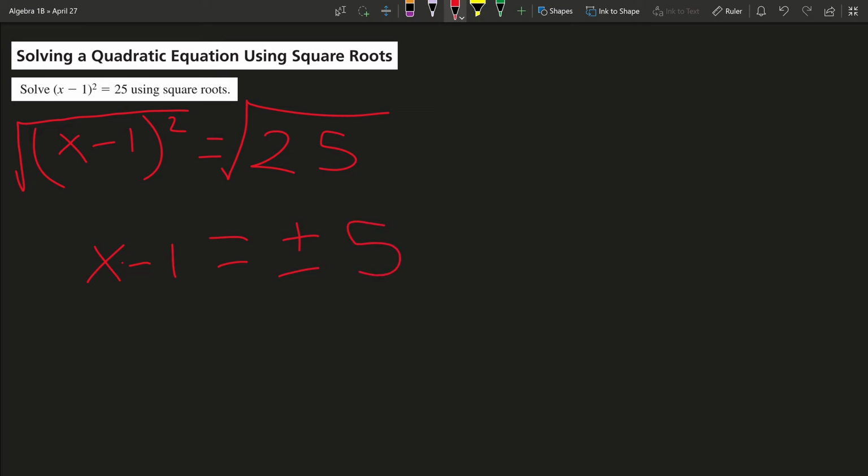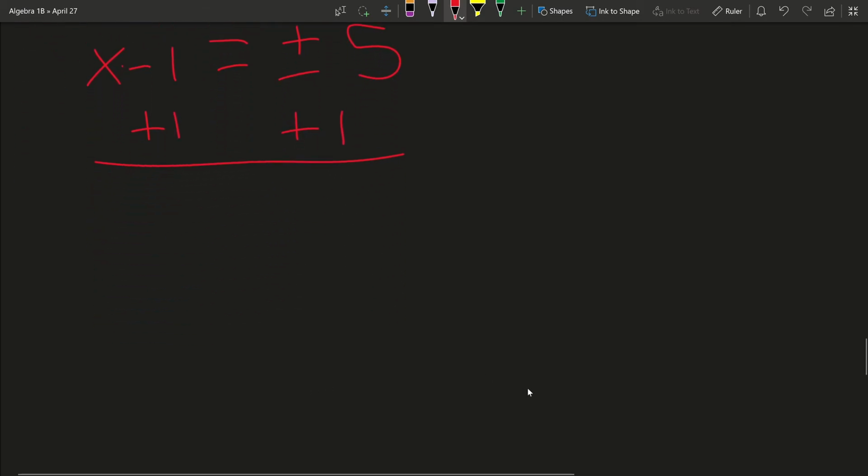And now, what are we supposed to do about this though? We have a negative 1. So what we're going to do is, we're going to add 1 to both sides. And when we do that, we're left with two different equations, right? So x equals 1 plus or minus 5.